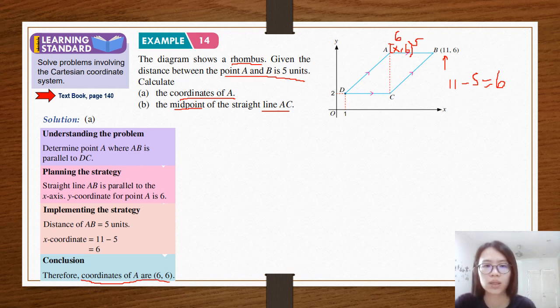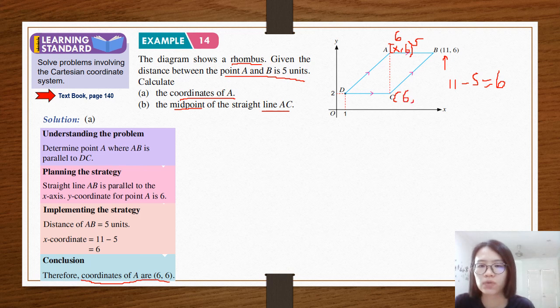Okay, the next one, B, we need to search for the midpoint of straight line AC. Okay, now we try to identify the coordinates for point C. Line AC is parallel to the y-axis, so they have the common x coordinate, which is 6.